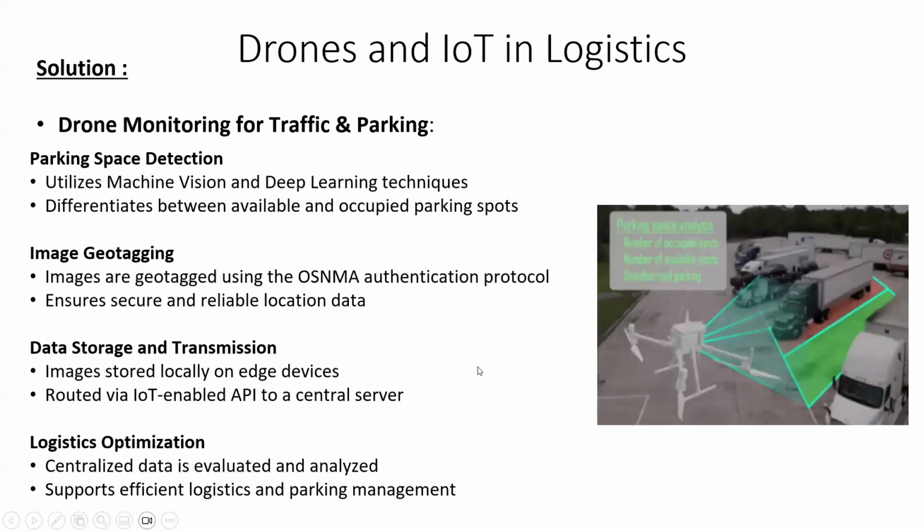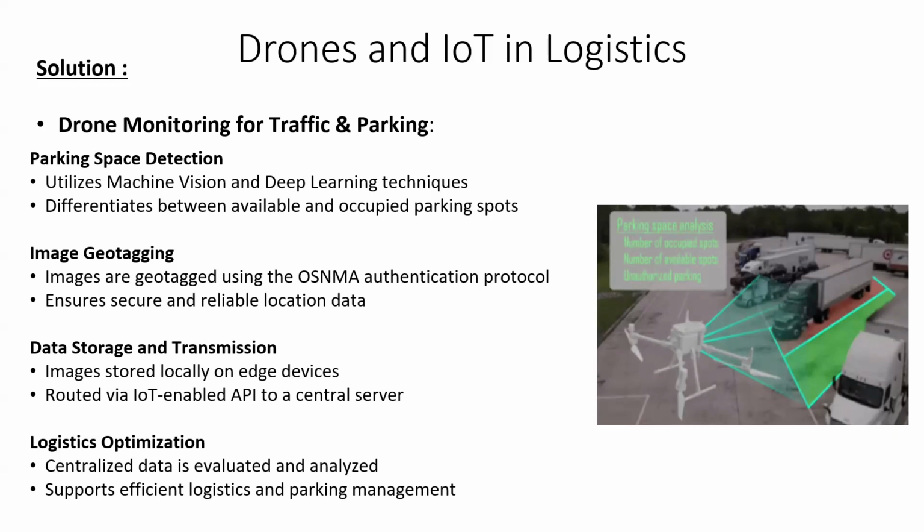And in the next solution, drone monitoring for traffic and parking, using machine vision and deep learning techniques, the system is able to detect available parking spaces and distinguish them from occupied ones.